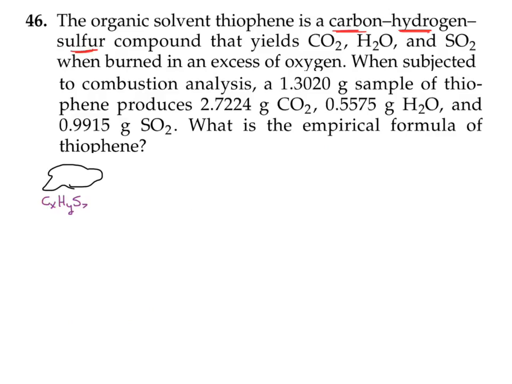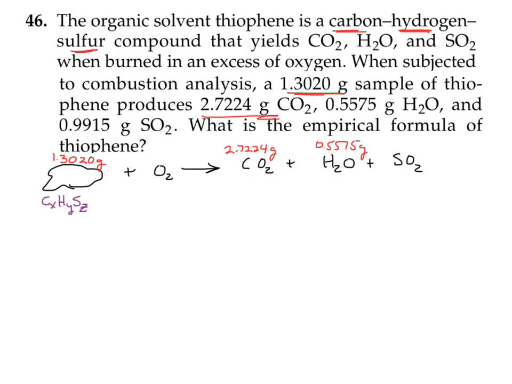Now this is the one I was talking about, where you're burning something that has carbon, hydrogen, and sulfur. Notice that on the product side we have SO2, which only has sulfur. So it's like the approach we've been talking about. All the sulfur in our compound ended up as sulfur in SO2. It's going to have a very similar cadence.